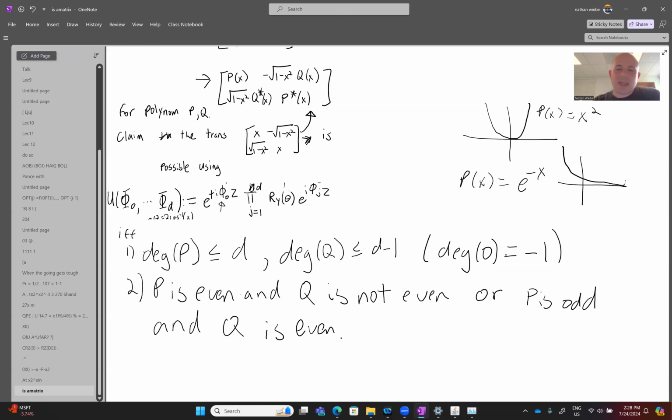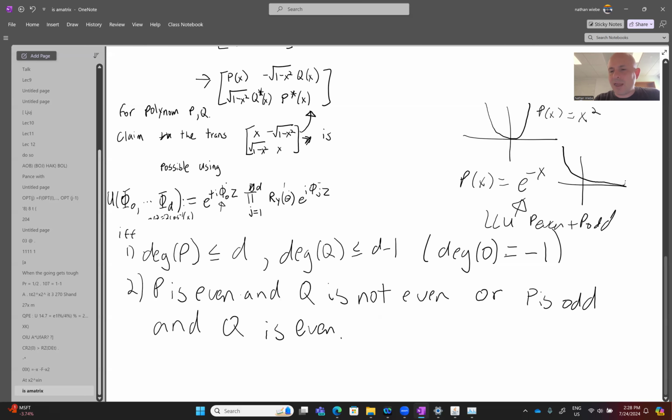But in general, any polynomial could always be written as a sum of even and odd. So LCU can be used to express this as P even plus P odd. And so we can use previous tricks that we discussed in order to do this in general. Also, I should note there are other techniques such as generalized quantum signal processing that allow you to do even and odd functions directly, but I won't be talking about that here. I'll just be talking about vanilla quantum signal processing for the moment.